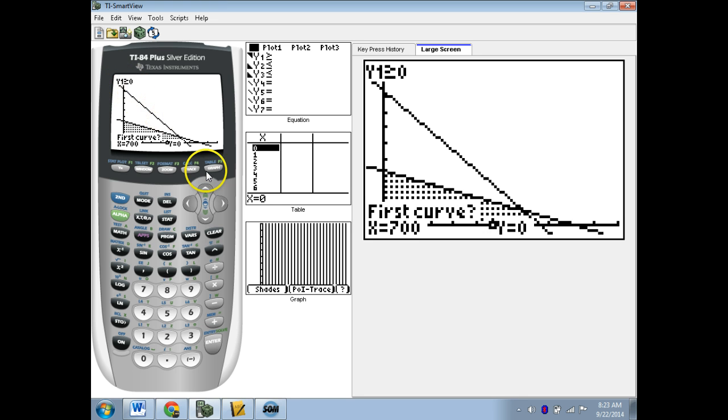So we want to down arrow. And now we see the negative 3/2 x plus 1500. So that is one. So we're going to hit enter. And then the negative 1/2 x plus 600. We're going to hit enter on that one as well. And then guess really doesn't matter, because your calculator is automatically going to snap to the closest intersection of those two lines, which there is only one.